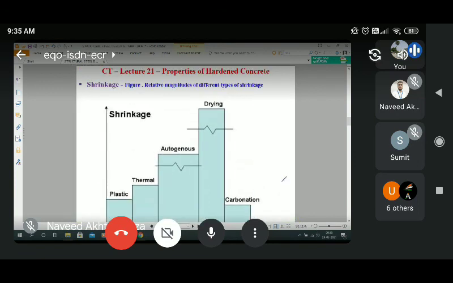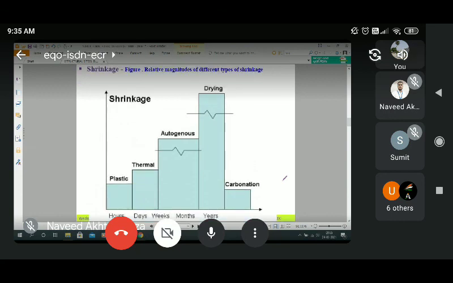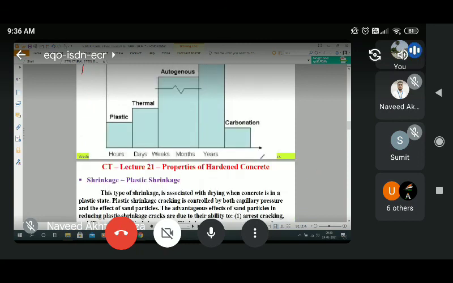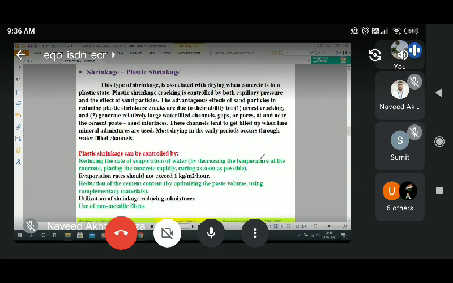We have also seen the different types of shrinkages today, and discussed the types of shrinkages and how to control them.